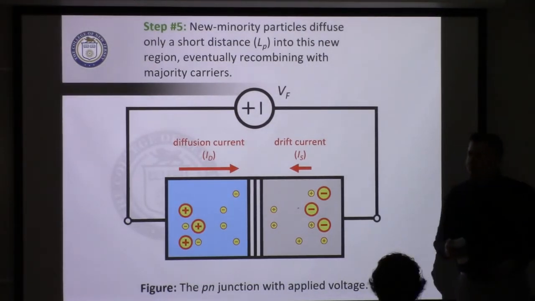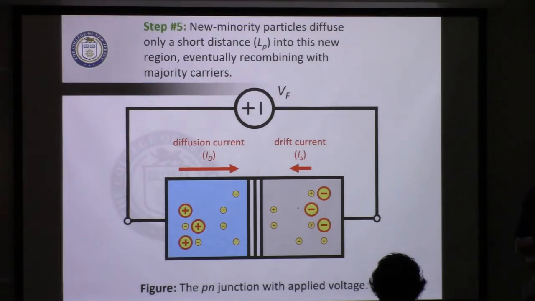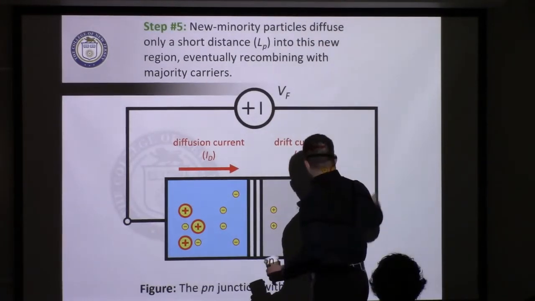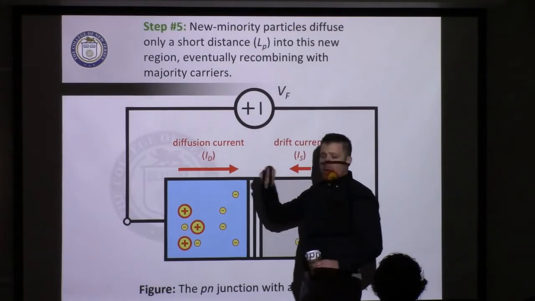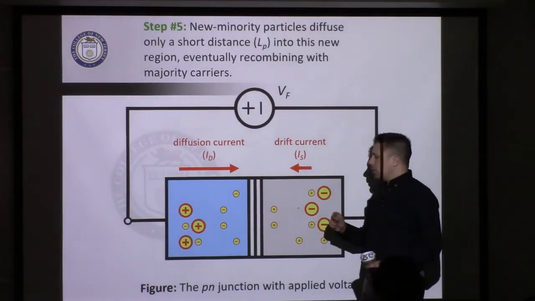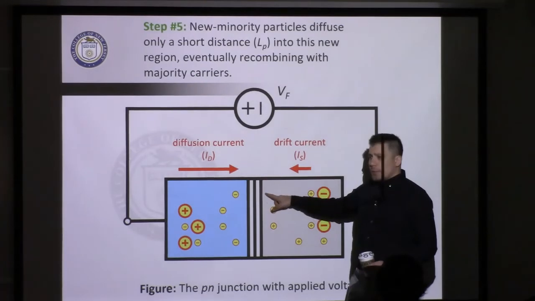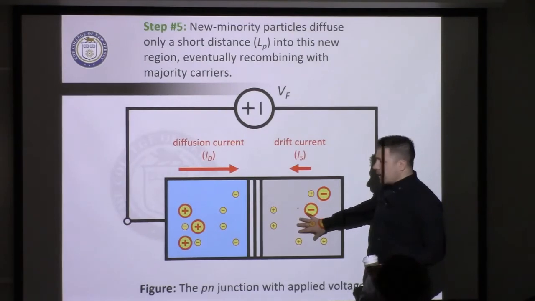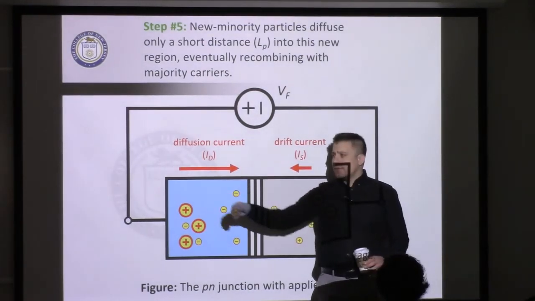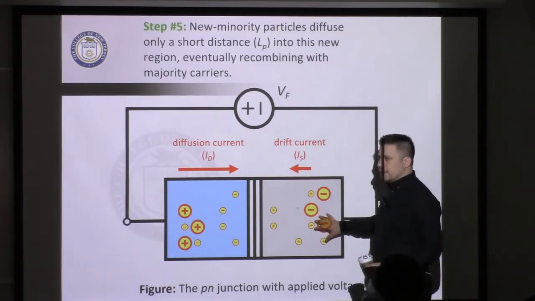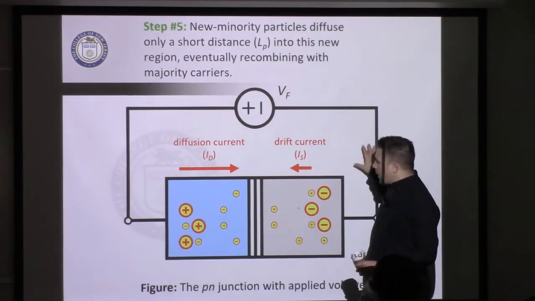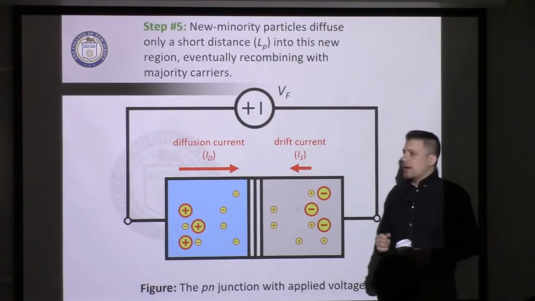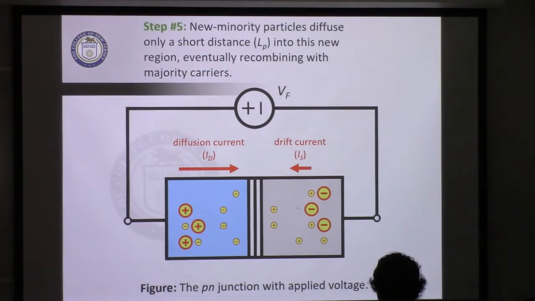And remember that the current is not dependent on a single particle making it all the way from here over here. We're talking about net charge flow. So even though these particles go from here to here and then recombine, they're still contributing. It's almost like a relay race in terms of handing off. They're contributing to moving particles in the quote-unquote right direction. So all 4 of those diffusion forces together add up to create the current flow that we're going to see as the net in the end.